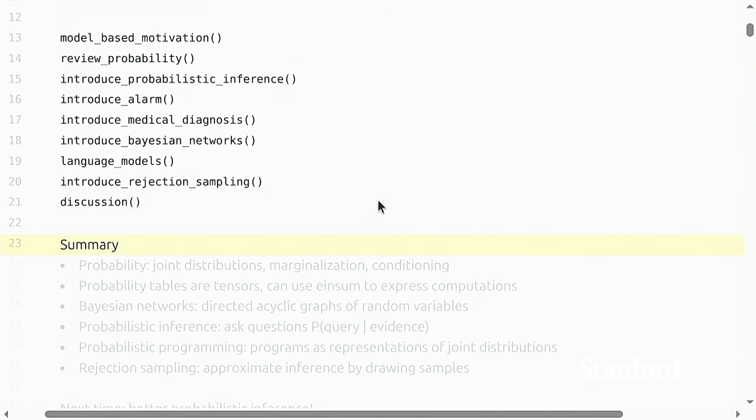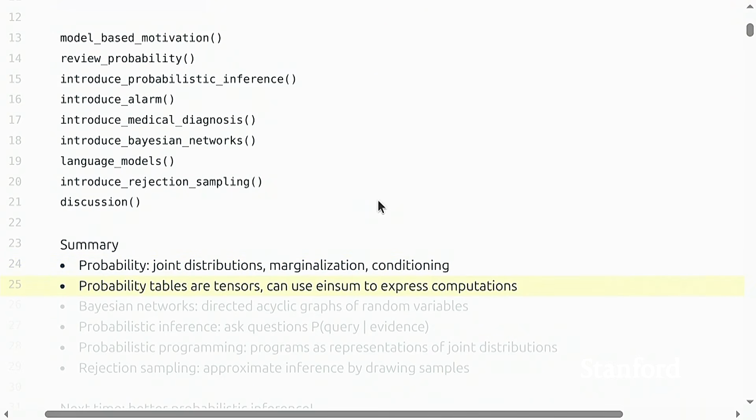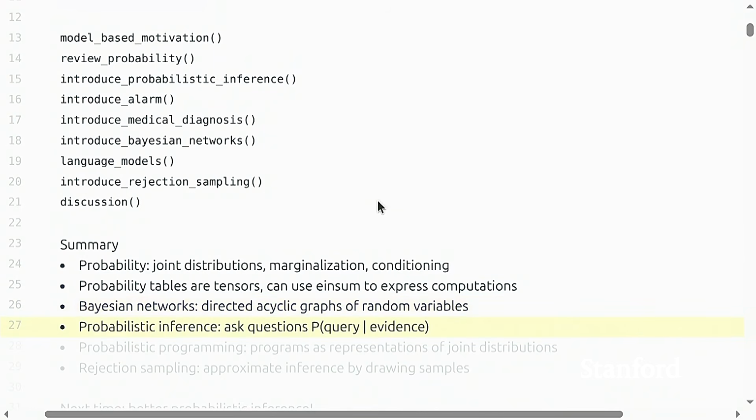Okay, so to final summary. With probability, there are joint distributions, you can marginalize them, you can condition. These are all tensors, so you can use einops. Bayesian networks give you a convenient way to define joint distributions. Probabilistic inference says, give me a joint distribution, and I can answer questions which look like probability of query given evidence.